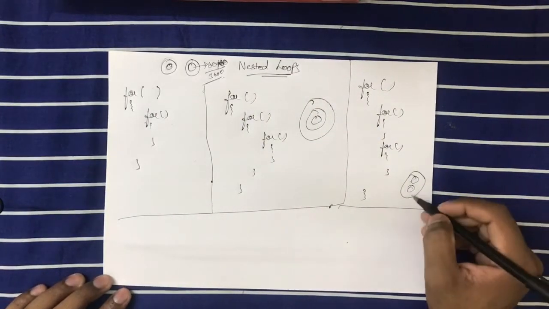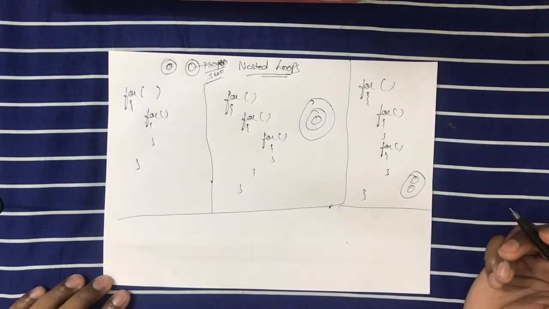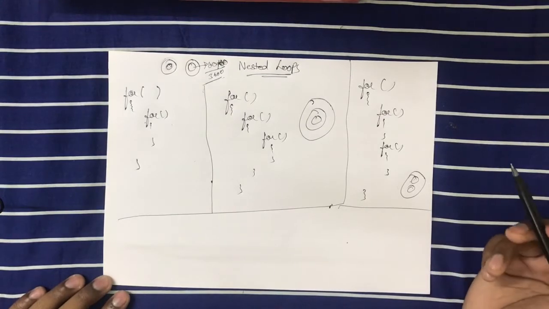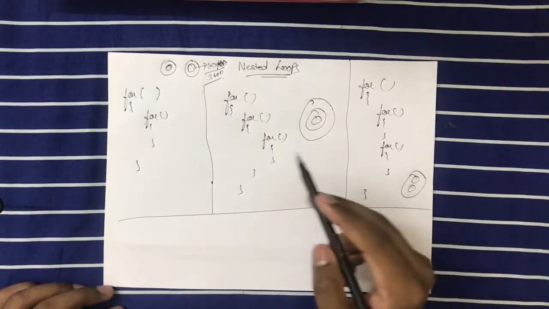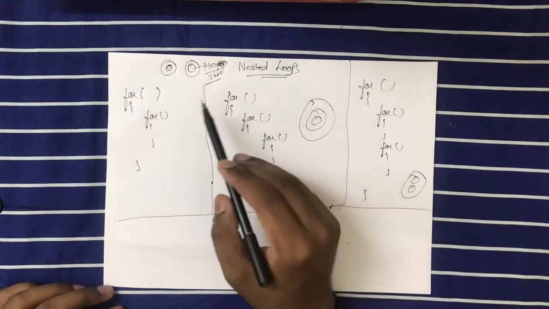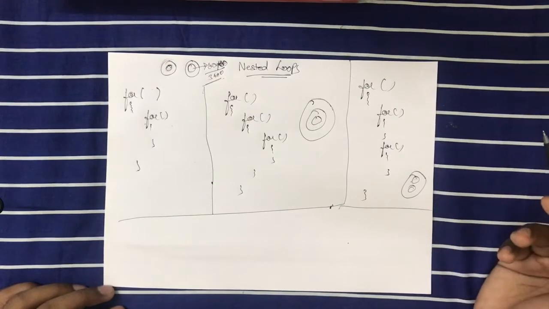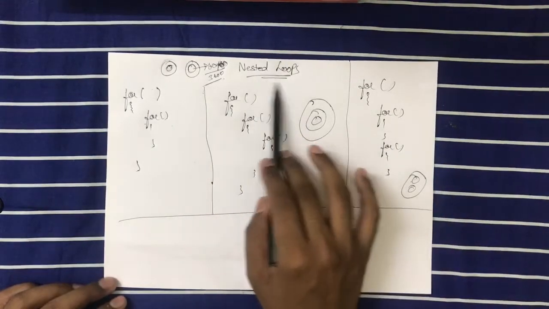So there are two loops inside one loop. So what I mean to say is, if we insert a loop inside another loop, it's known as nested loops. It is not necessary that it should be in these three ways. It can be in any form. If a loop is there inside another loop, it is known as nested loop.